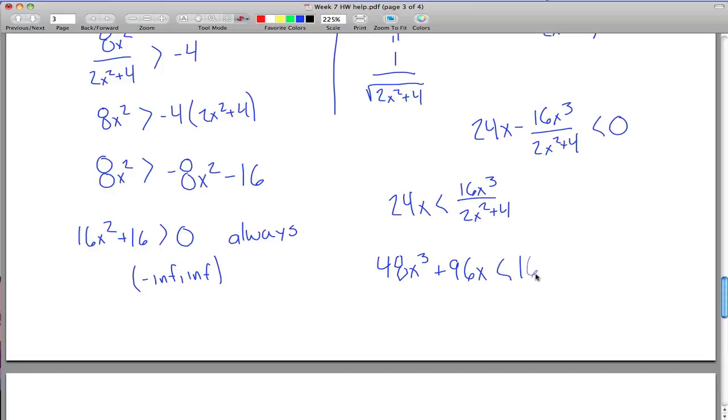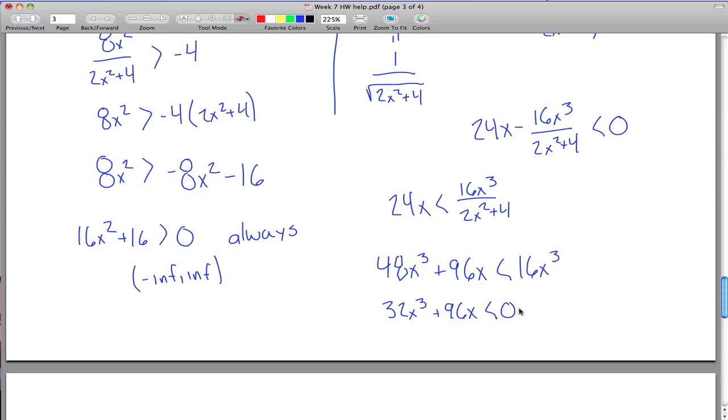That's got to be less than 16x³. So what I did is I took 2x² + 4 and multiplied it over to this side, and then I distributed it through. Maybe I should have done that in 2 steps. But finally, we can combine our like terms, so subtract 16x³ from both sides and get 32x³ plus 96x has got to be less than 0.